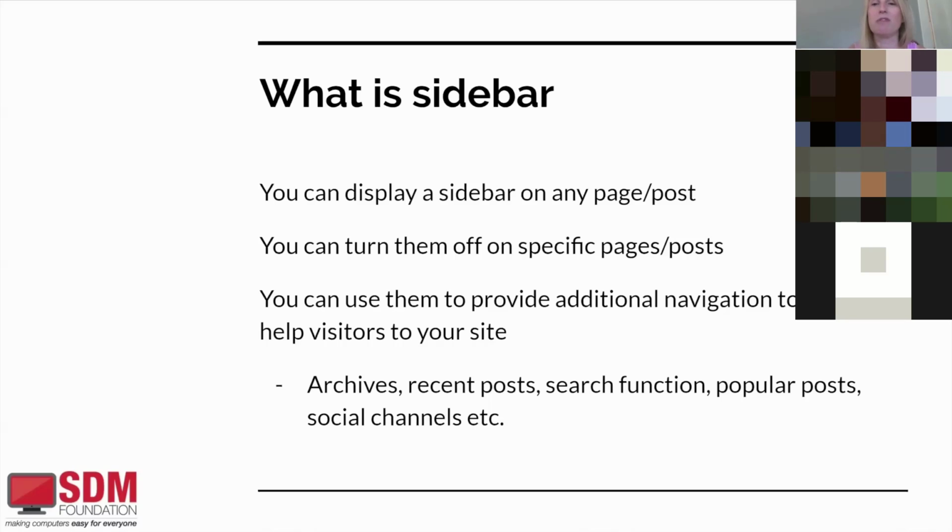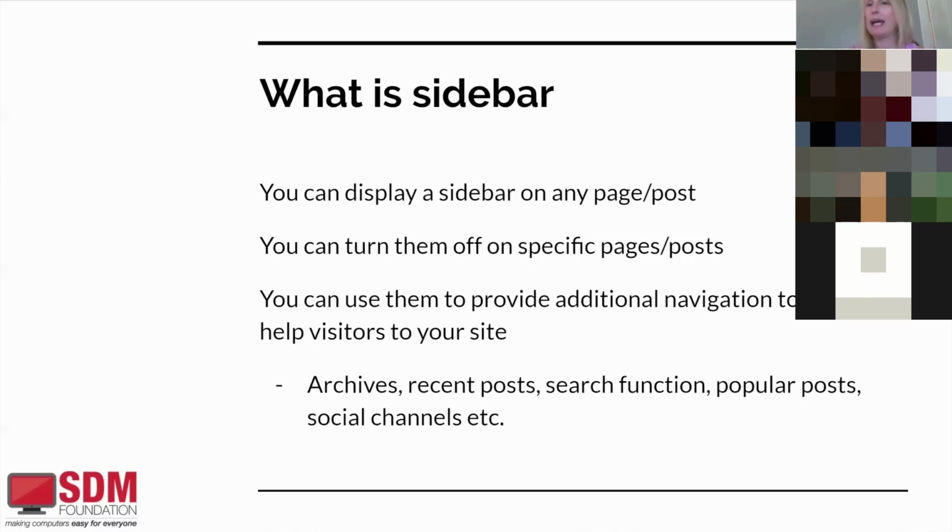They're there really to provide additional navigation over and above the menu that you already have. So, for example, on a blog newsfeed page, you may want to have links in your sidebar to recent posts that you've posted, to your most popular pieces of content, to some featured pieces of content, to your social media channels, to an archive of all of your content.